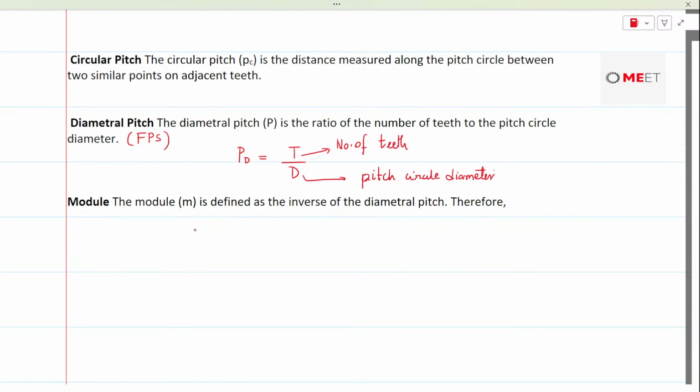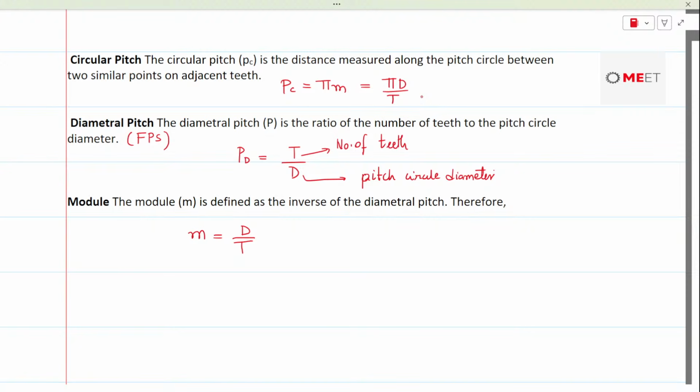Module is the reciprocal of diametrical pitch, and circular pitch PC is given by pi times module, or pi into D divided by T. So this basically tells how many teeth are placed in a given circumference.